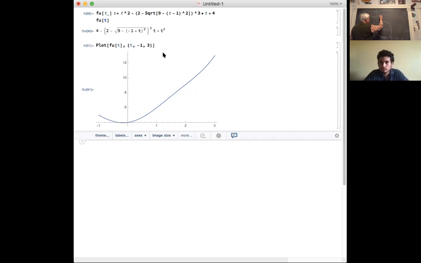And we could have used 3 sine or cosine of t minus 1, comma, 3 sine of t minus 2, 0 less than or equal to t less than or equal to 2 pi. So this is the parametric equation for a circle of radius 3 centered at the point 1, 2.